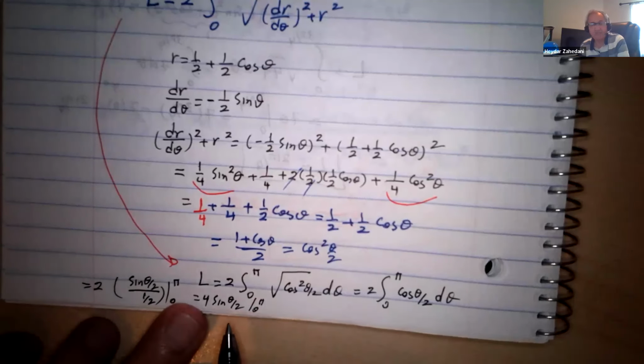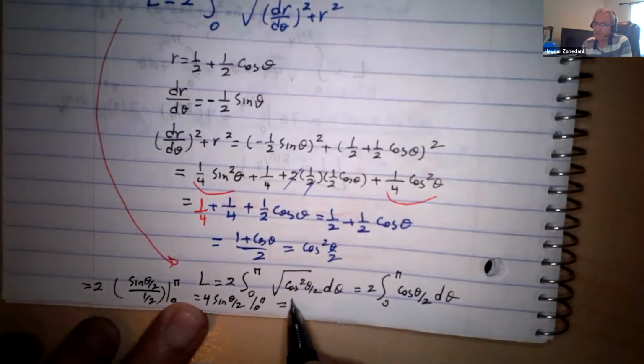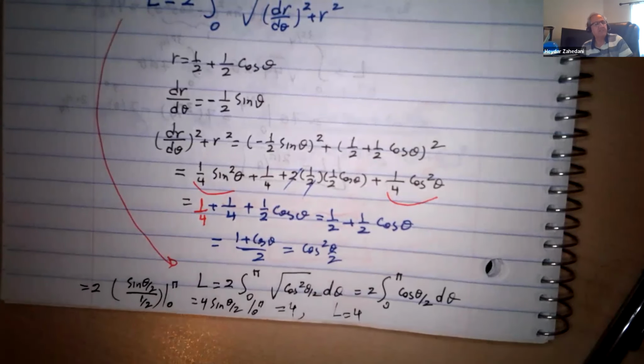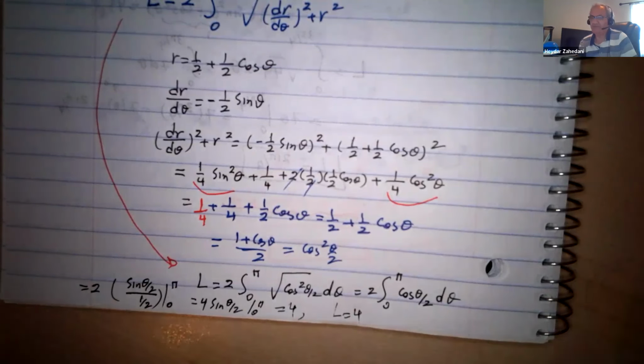If you substitute, sine of π/2 is 1 and sine of 0 is 0, so the result is 4. So the arc length of this cardioid is equal to 4. The arc length of the cardioid is a little bit tricky, so just make sure that you get it right. So that's the arc length.